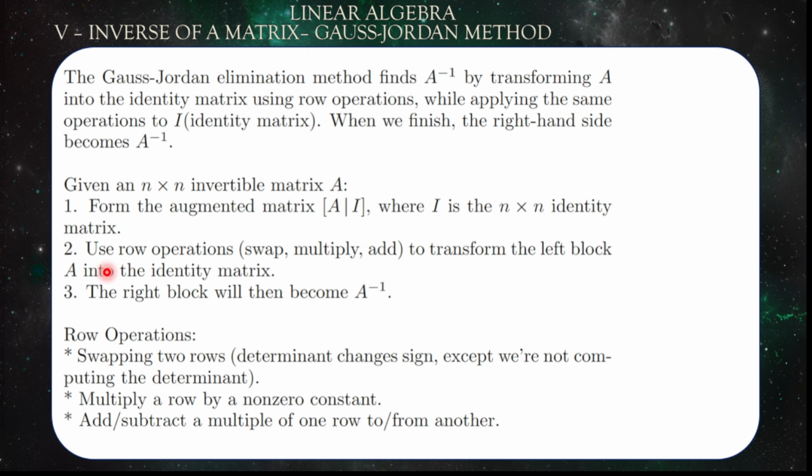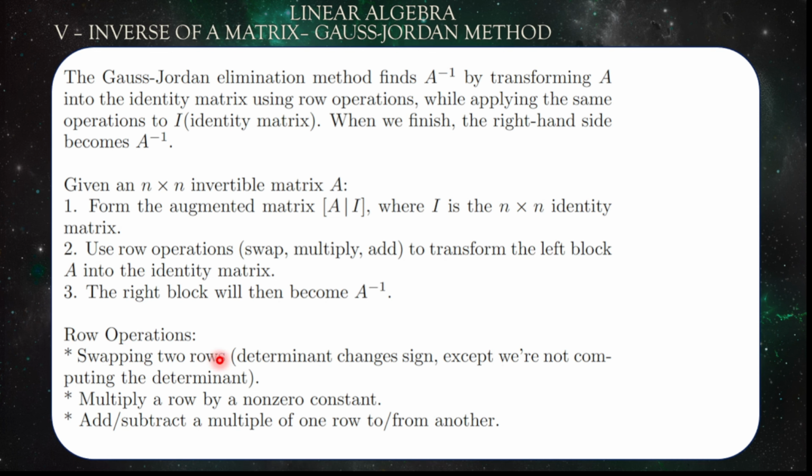Then we use row operations. We swap, multiply, add between rows to transform the left block, A, into the identity matrix. And then the right block will become A minus 1.